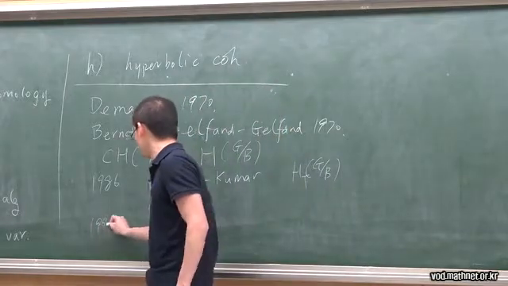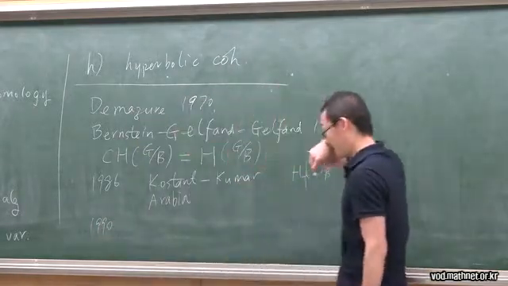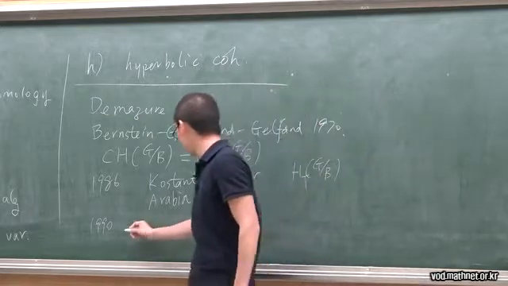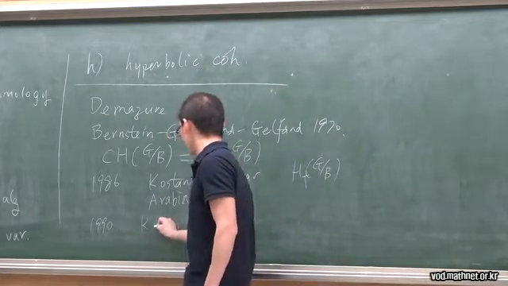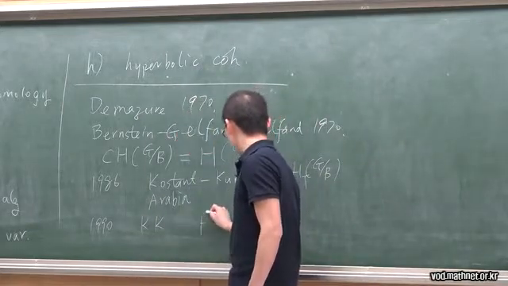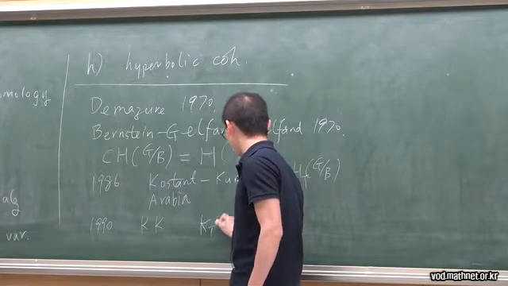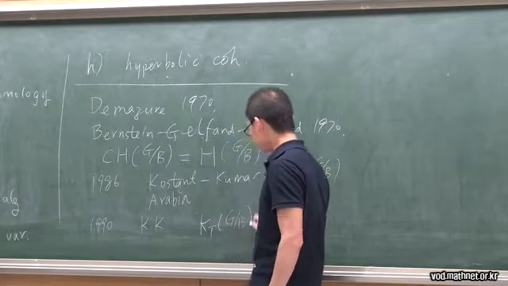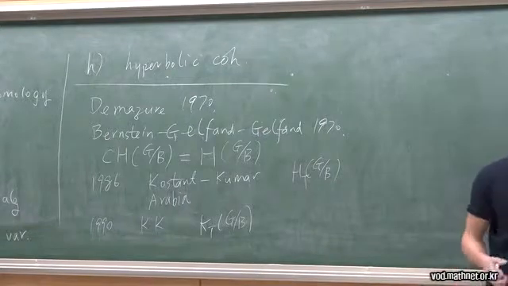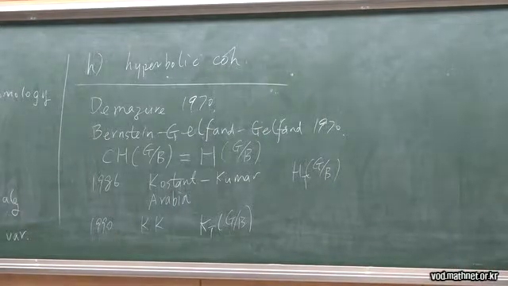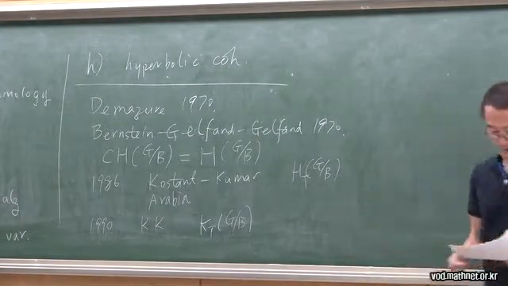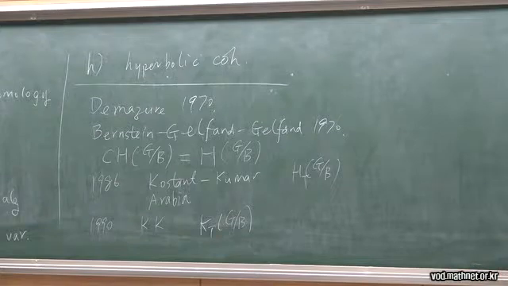The same object, except the method is more geometric. And then in the 1990s, again Kostant and Kumar considered K-theory, the equivariant K-theory of the flag variety. So this group of people studied torus equivariant cohomology or K-theory.